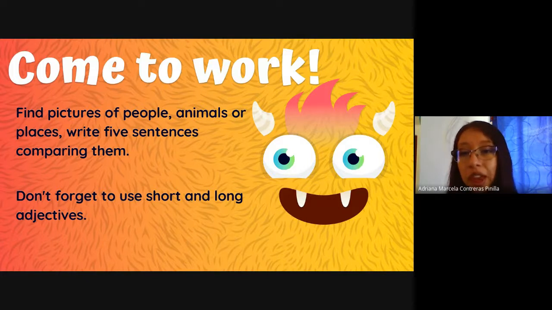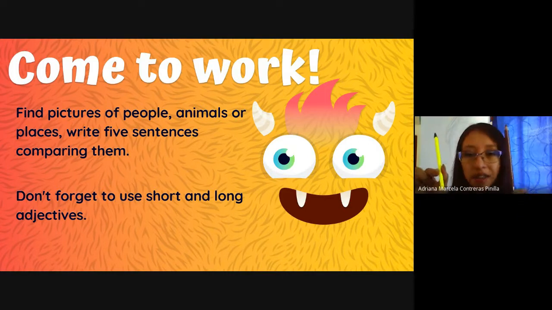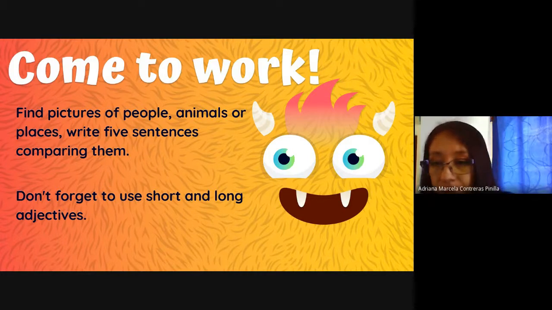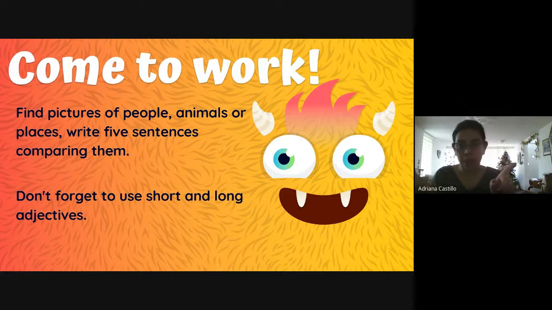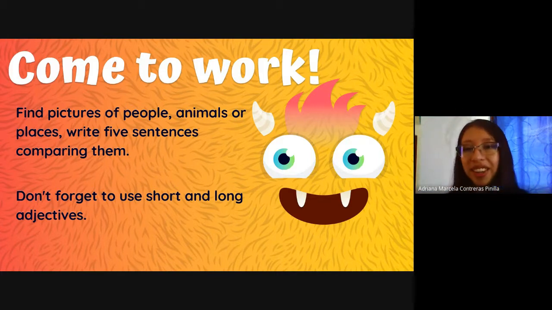For example, here I have this color and this color are totally different. So please bring me two objects, things, similar but not the same, or totally different. An apple and a lemon. Okay, very good.